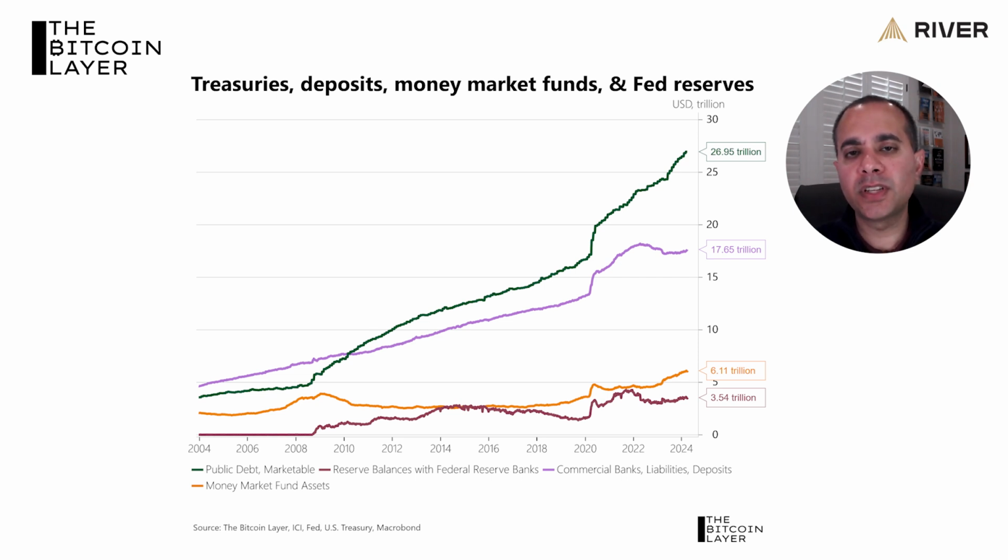Money market funds, those are assets that you have as the cash line item in your brokerage account. Now, the 6.1 trillion in money market fund assets, these are balances that you have in your brokerage account. So imagine a Fidelity or a Schwab account in which you own securities, stocks, and bonds, and then you have a cash line item.